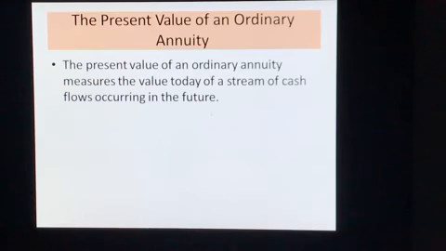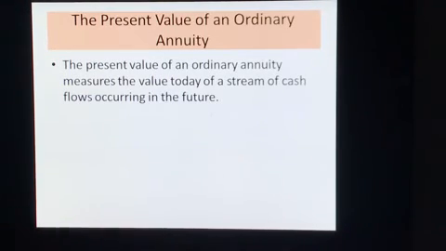Now the present value of an ordinary annuity. How can we calculate the present value of an ordinary annuity? We discussed in the previous class. We can simply discount all cash flows to calculate the present value of all future cash flows, or we can use the present value of annuity formula.